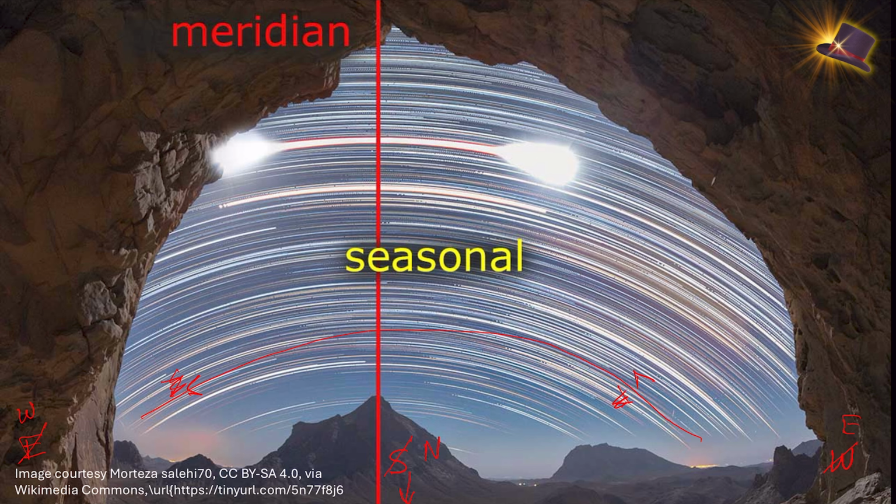So those stars, as seen by a southern observer looking north, travel from right to left across the screen, and you only see seasonal stars when you're looking toward the opposite pole.